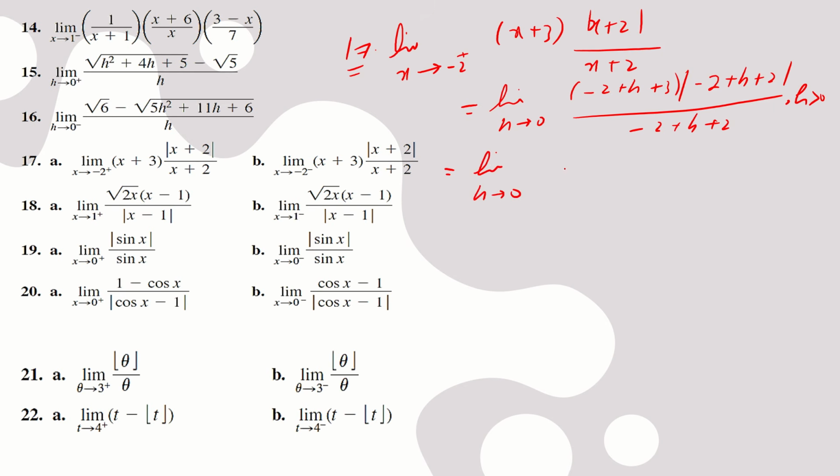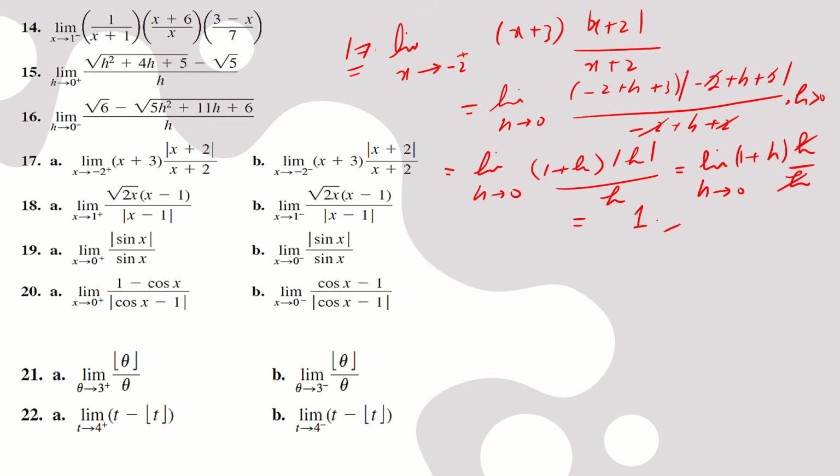H goes to 0, it will become 1 plus h, and then we cancel these together. We get absolute h divided by h because these two will be cancelled as well. Now h is greater than 0. If h is greater than 0, then in that case absolute h would become simply h, dividing by h. We cancel these together and then just put limit h goes to 0. That would give you the answer 1.